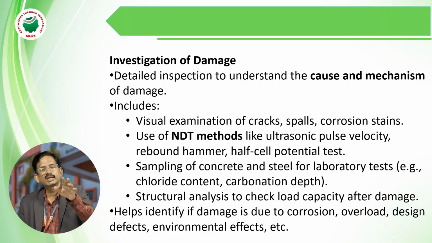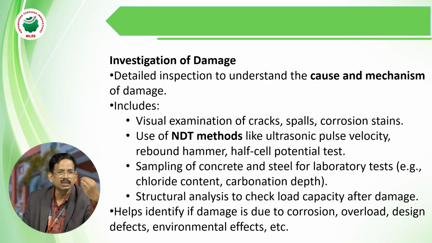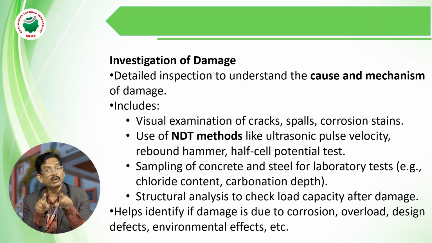Suppose you designed M40 and got an NDT value of M30 with the ultrasonic pulse velocity or rebound hammer, that is minus 10 newtons per mm square. Based on that, you have to assess whether the structure will be safe with 30 instead of 40, and whether the load taking capacity of the column is right or not. That is the indirect method.